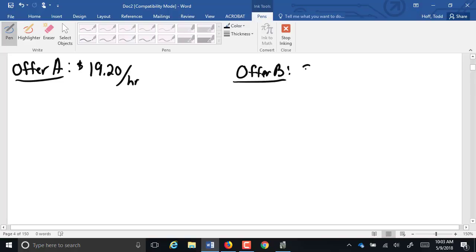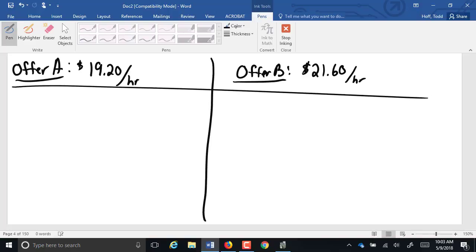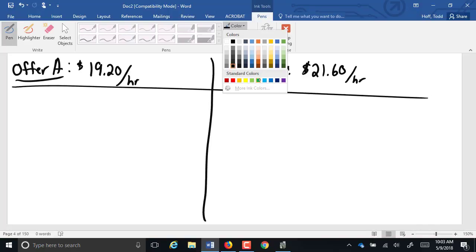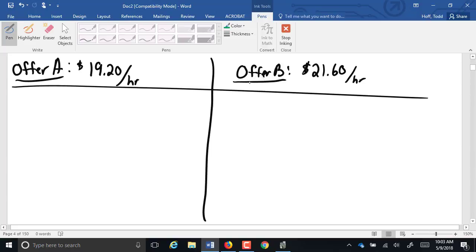Job offer B, $21.60. Now, a lot of people would jump at offer B because it's $2.40 an hour more. But let's look at the mean pay, the mean wage in each of these areas. Let's say they're in different areas. Of course, cost of living can be different.